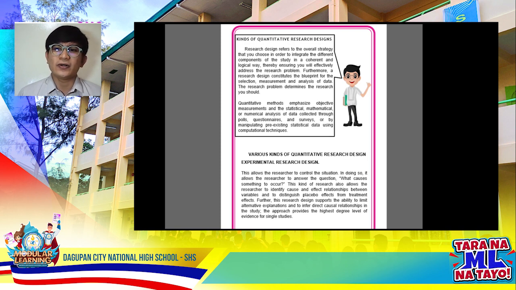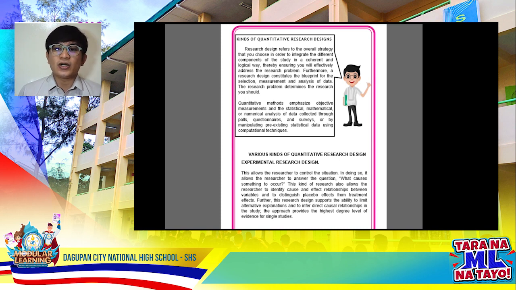In doing so, it allows the researcher to answer the question, what causes something to occur? Furthermore, this kind of research also allows the researcher to identify cause and effect relationship between variables and to distinguish placebo effect from treatment effects.